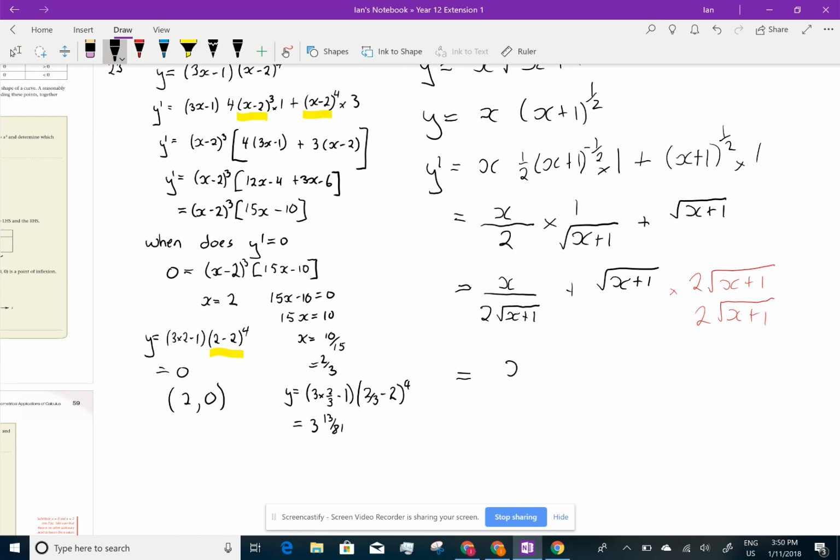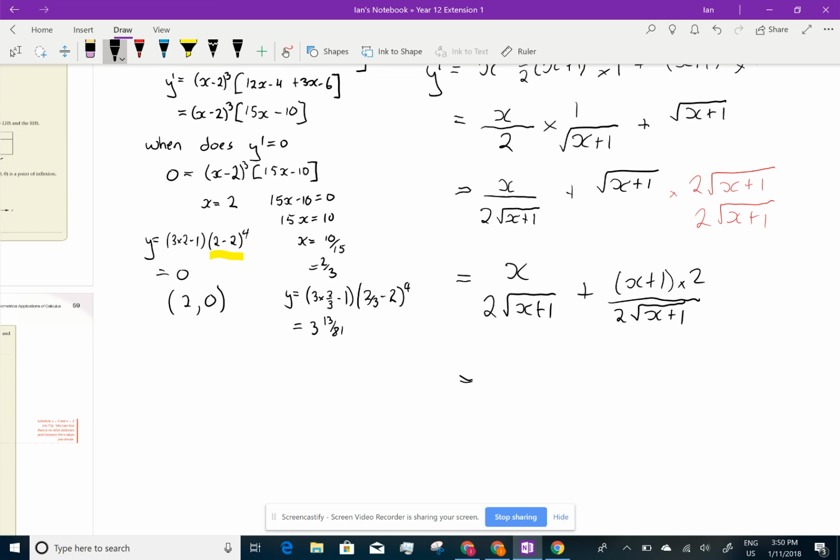So I get x on 2 root x plus 1, and here root x plus 1 times root x plus 1 is x plus 1. Remember, I've still got to multiply by 2, and here I get 2 root x plus 1. Okay, here I get x plus 2x plus 2, and on the bottom, I get 2 root x plus 1.